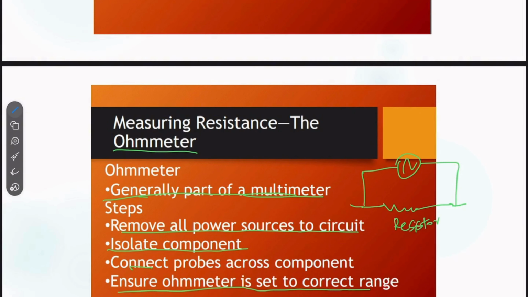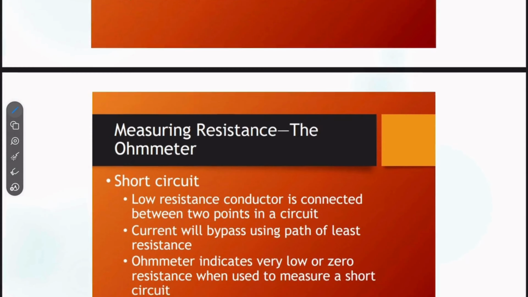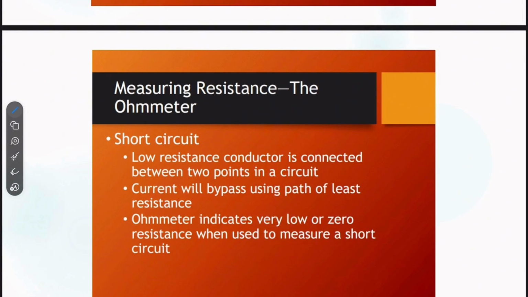Ensure the ohmmeter is set to the correct range. So basically, we just need to grab the resistor and connect that to the ohmmeter without anything else. It has to be by itself, isolated from other components.